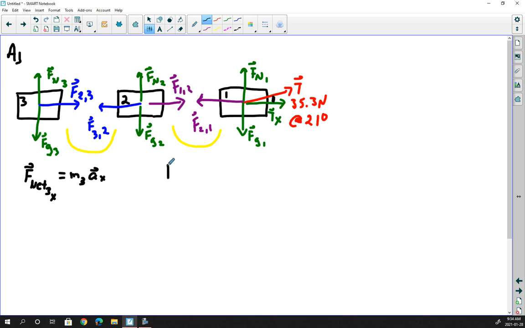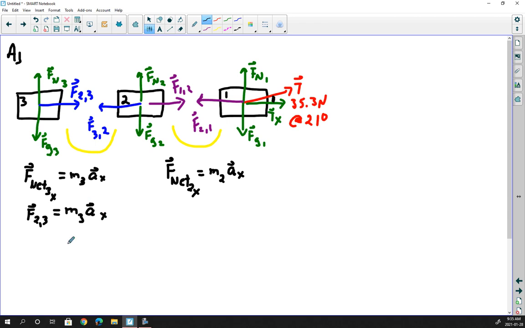So F net, second object, x component of those forces is equal to the mass, second object, acceleration in the x direction. Well, in the x direction here, the only force acting on this is F second object on third object, F2 3. That's it. There are no other forces.